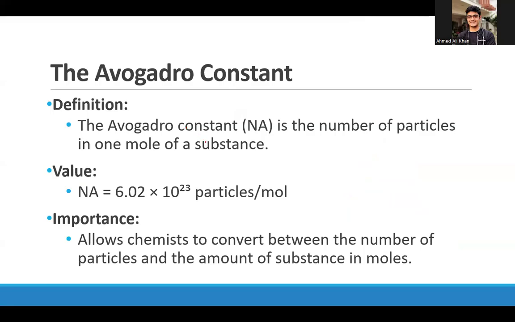If you take a mole of carbon, a mole of oxygen, a mole of nitrogen, or a mole of chlorine, that is just the amount of substance. 1 mole of carbon is the amount of carbon you have, 1 mole of oxygen is the amount of oxygen, and 5 moles of nitrogen is the amount of nitrogen. So it's just the amount.